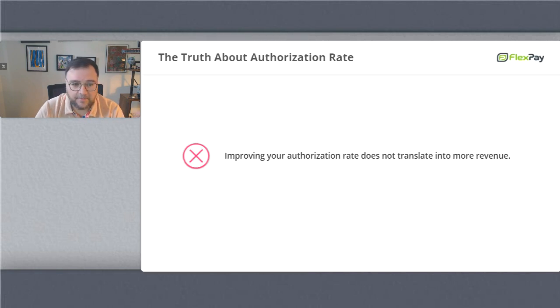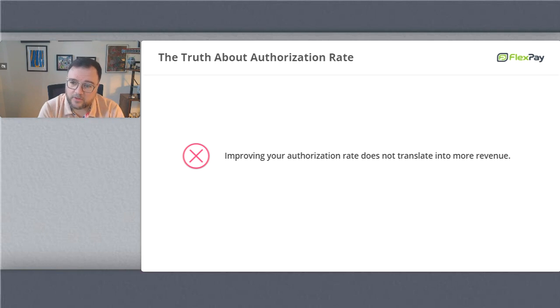That all being said, I want to jump in here. The truth about the authorization rate is improving this authorization rate did not directly improve their revenue. By changing this authorization rate and just driving it up, they actually hurt their internal revenue because they blocked a number of transactions that could have gone through and could have successfully billed through for them.